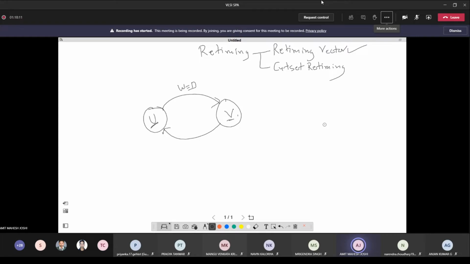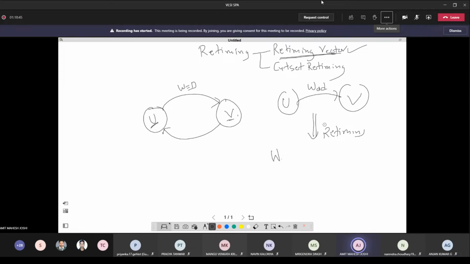Now for this particular graph, I want to improve the performance. That means I want to apply the retiming concept, and with that I will increase my speed. Now, whenever you want to apply the retiming vector method, there is one formula that you need to always understand. When I apply a retiming concept over here, consider this weight is W old.